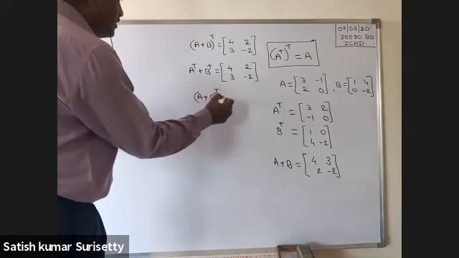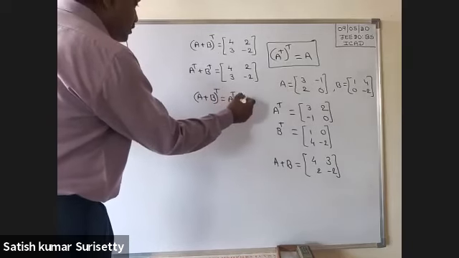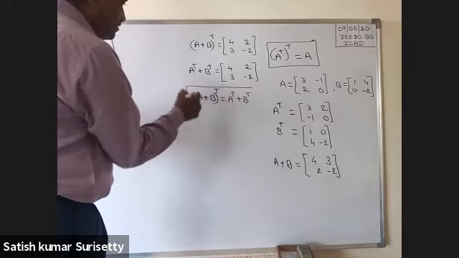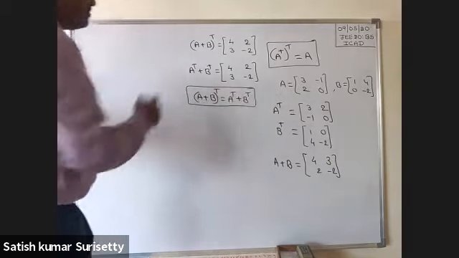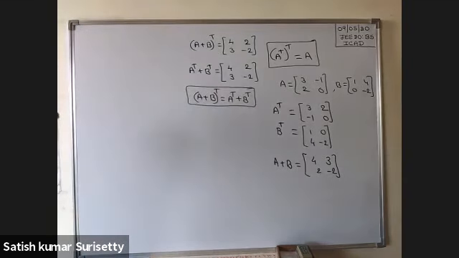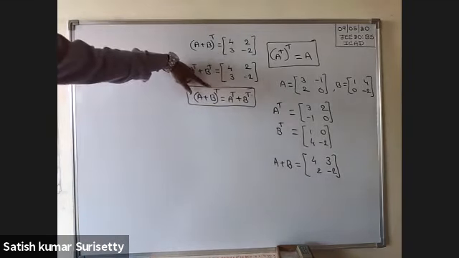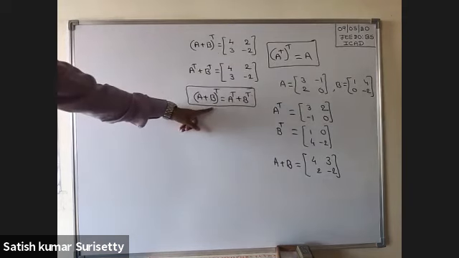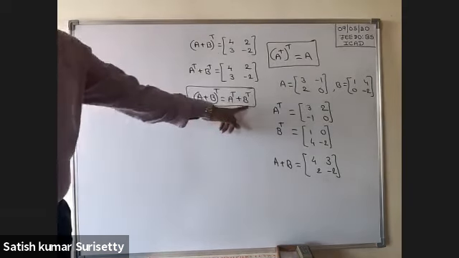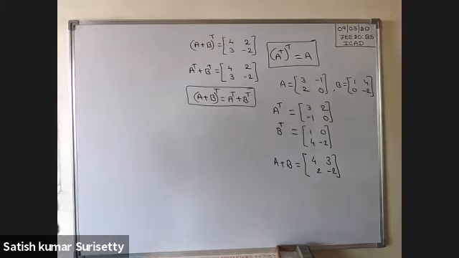Yes. Right. That is, A plus B whole transpose equal to A transpose plus B transpose. How to read this? Transpose of the sum of two matrices is equal to the sum of their transposes.